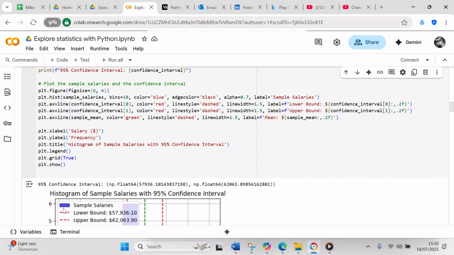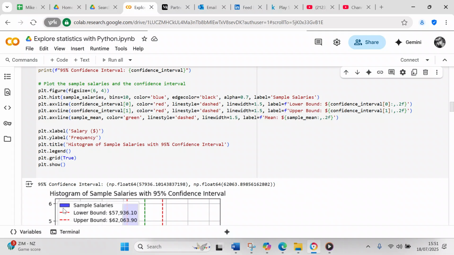And plt.axvline, confidence interval 1, comma, color equals red, comma, linestyle equals dashed, comma, linewidth equals 1.5, comma, label equals upper bound of confidence interval, and plt.axvline, sample mean, comma, color equals green, comma, linestyle equals dashed, comma, linewidth equals 1.5, comma, label equals mean.